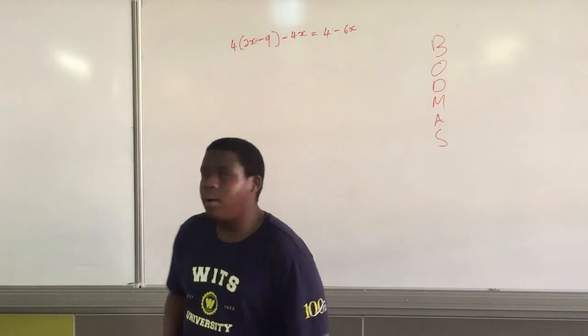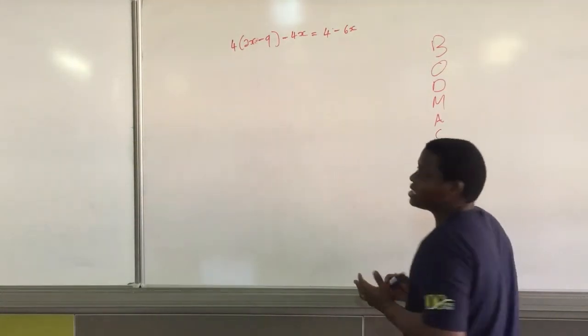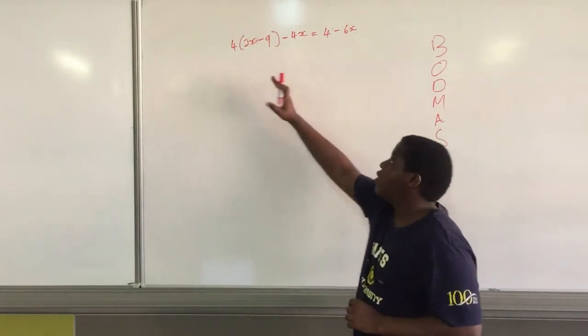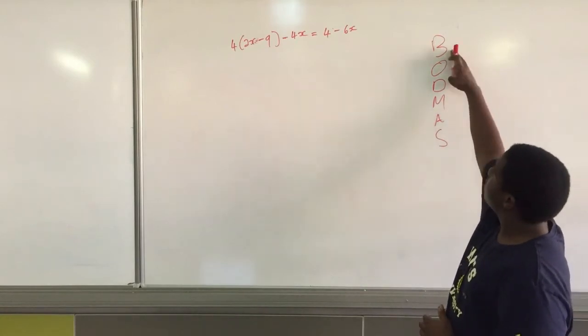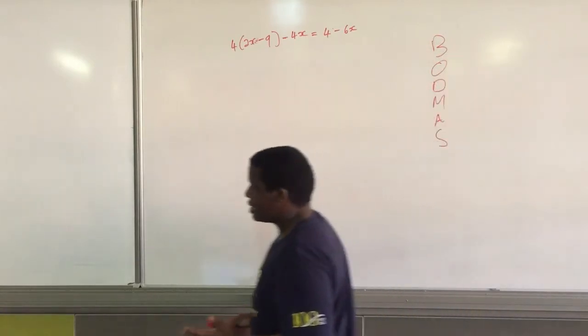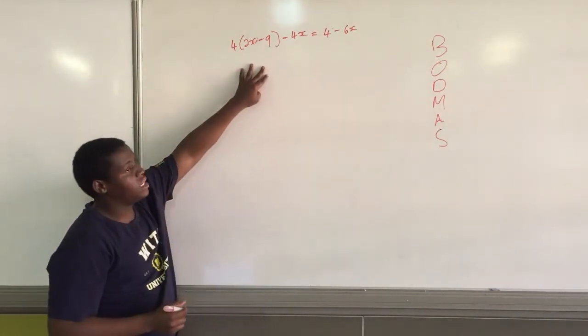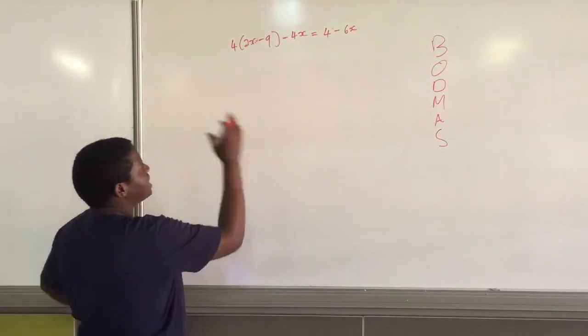Alright, so now this is an example that we're going to do. In this example, it has a lot of things that you can do, but where we're going to start is the brackets, following one of the rules of maths, which is BODMAS, B standing for brackets. And since you've already done this in the earlier parts of the video, you first start here, so that we can have our like terms, and so we would expand it.